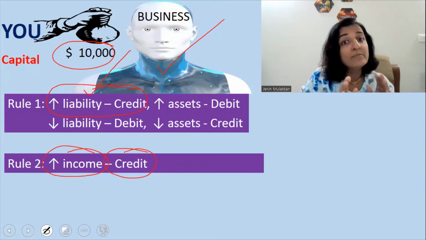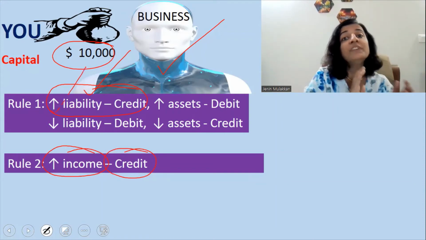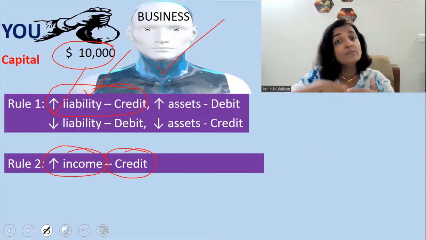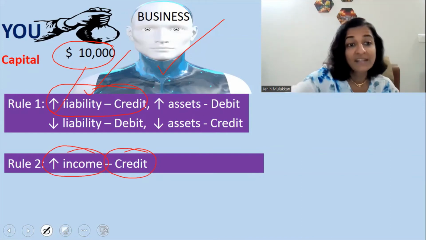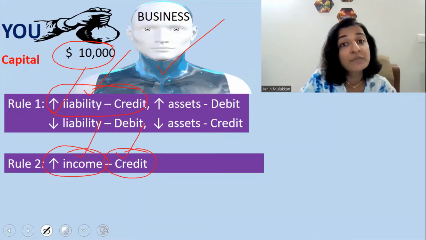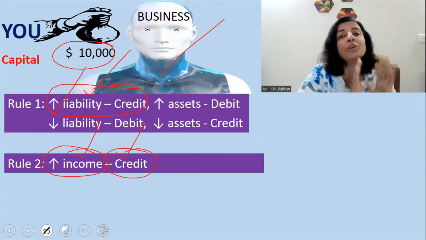Why? Because the business is supposed to pay not only the liability of the $10,000, which is the capital, but also any income generated out of that capital. That is why increase in income is also credited in the books of the business, indicating that the business is liable to pay to you the income generated out of that capital.